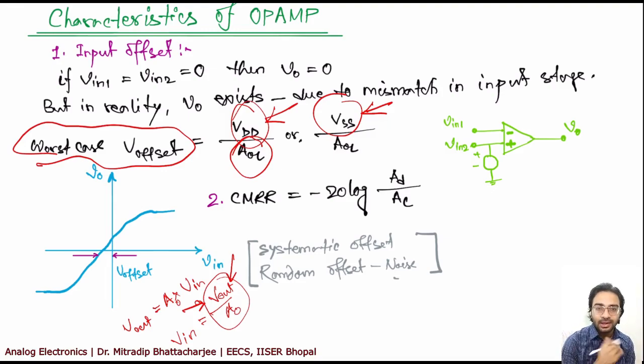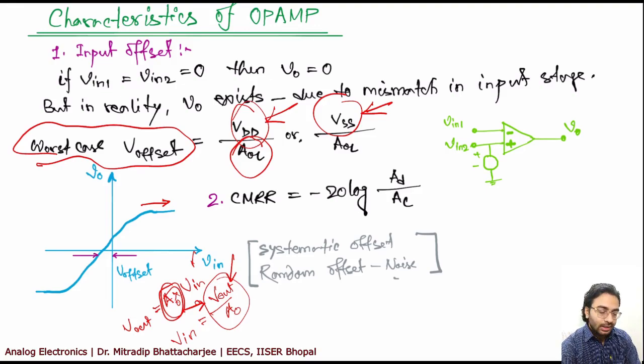Your output cannot be higher than VDD, because if it goes beyond VDD, you are reaching this flat side and your gain becomes 0. If gain becomes 0, you don't get anything. So your highest possible output is VDD. Okay. Now if you look at the offset, this also can be because of noise present.